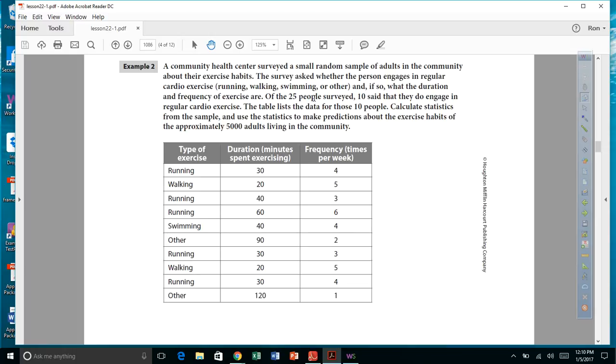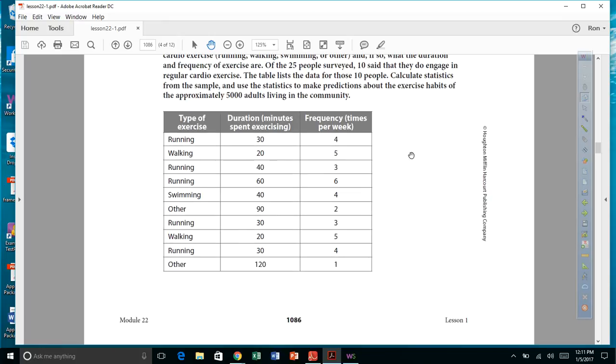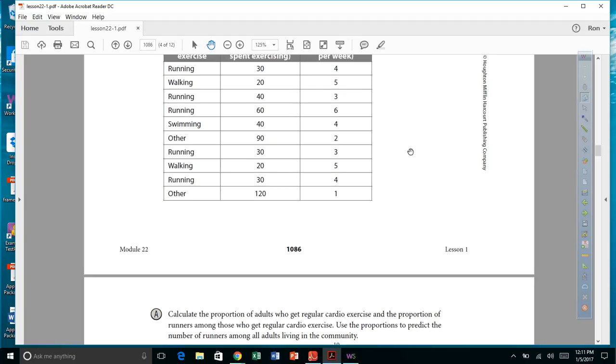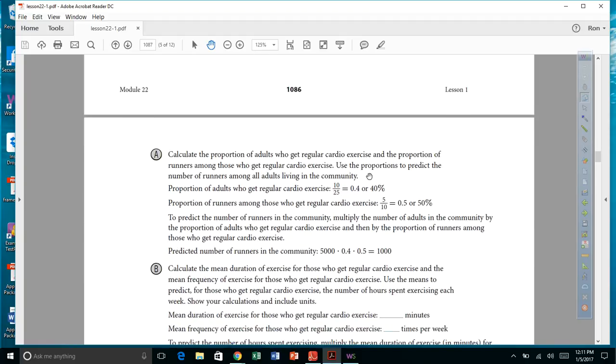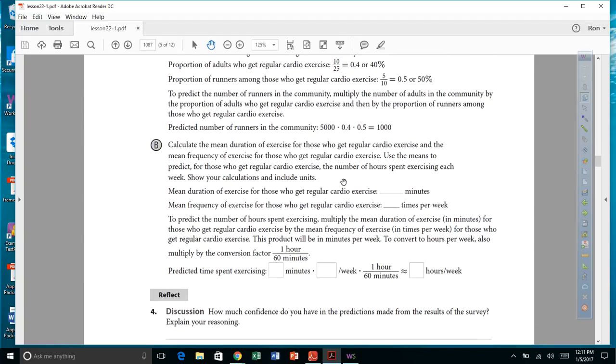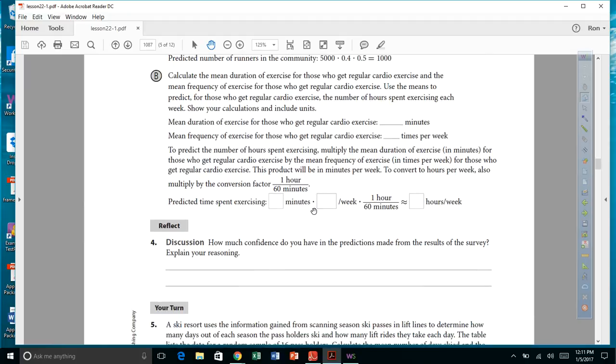The table lists the data for those 10 people. Calculate statistics from the sample and use this statistic to make predictions about the exercise habits of the approximately 5,000 adults living in the community. So y'all go ahead and do A, and then when you get back, we'll do B together.